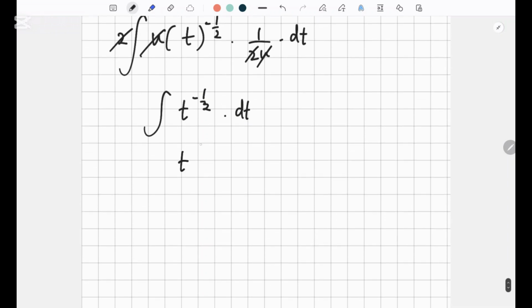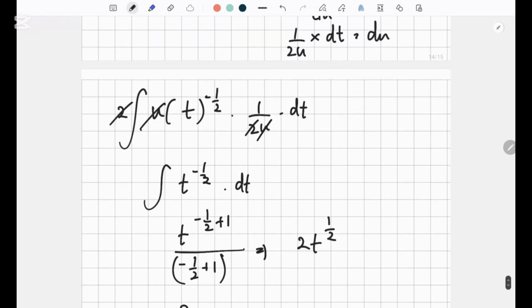So that is t to the power minus half plus 1, divided by minus half plus 1, giving you 2t to the power half. So that was 2 into t.